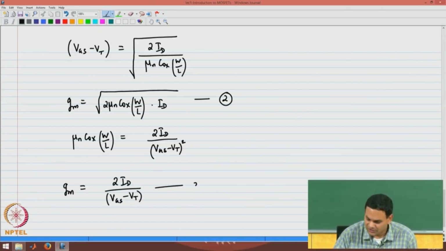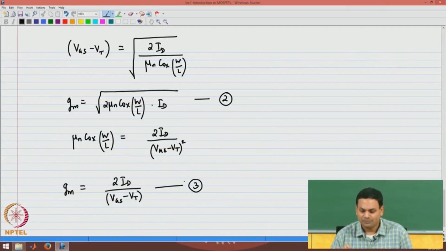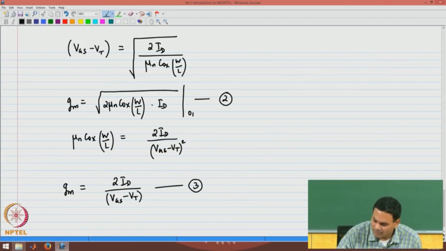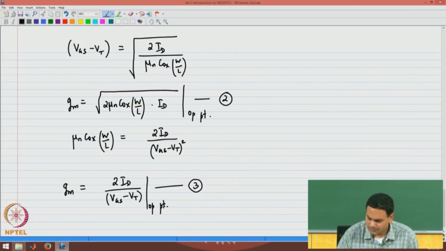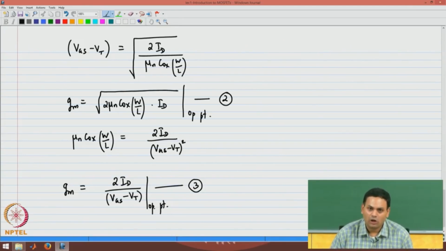This is the third expression for the transconductance of the MOSFET, and of course, all of these are evaluated at the operating point. Now, they are all identical, they are all equivalent. It is just that in some cases you may know the device parameters and VGS and the voltages, so that you can calculate the value of GM. In other cases you may know the drain current directly. In other cases, you may not know the device parameters, but you may know only the drain current and the gate source voltage, and therefore, you should be able to calculate the transconductance of the device.